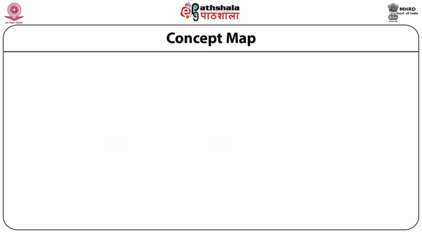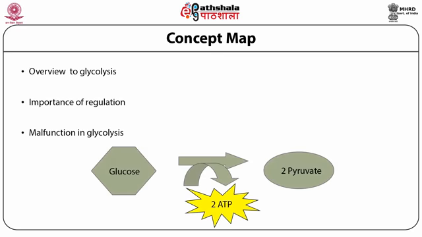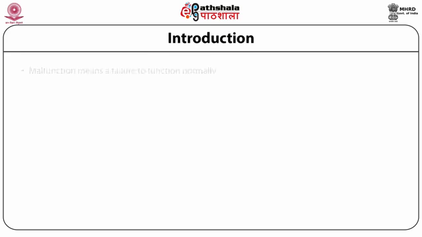So, this is a concept map of our lecture. We'll first briefly review the glycolysis process and discuss the malfunction in glycolysis. We'll try to explore the regulations and the diseases associated with glycolysis. Malfunction means a failure to function normally.